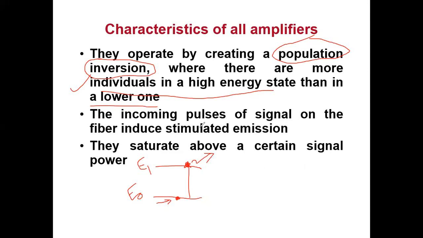Now what happens in stimulated emission is my photon is already in the excited state. Okay, so from the lower energy level, it goes to the higher energy level. So this photon is in the excited state and it releases a light photon. Okay, so I get the output.